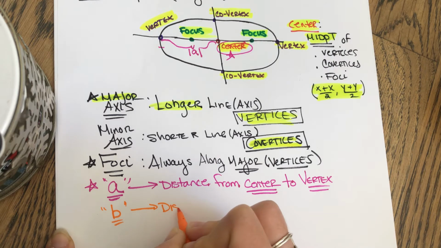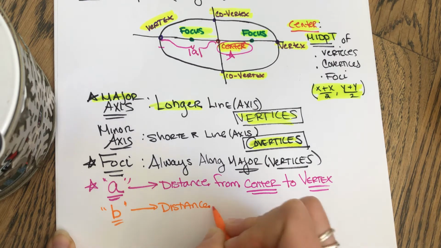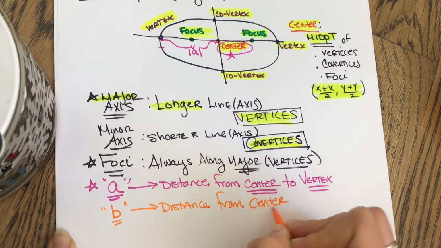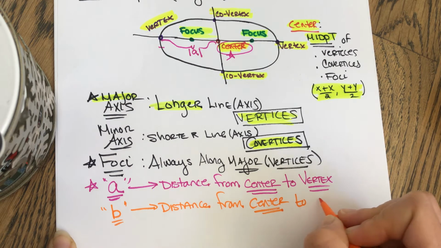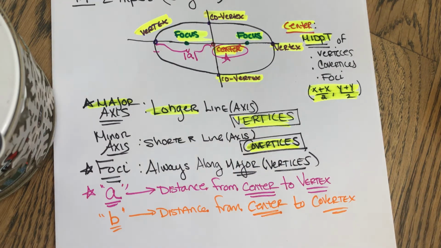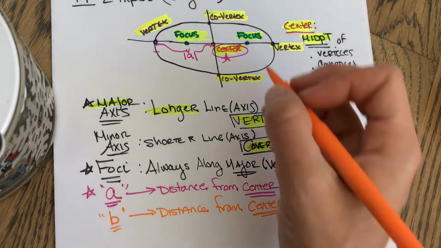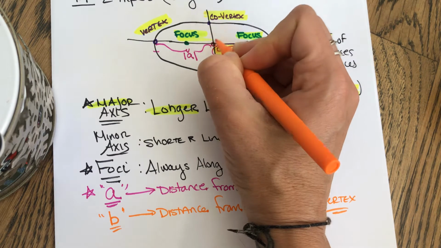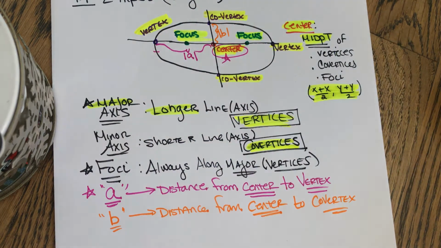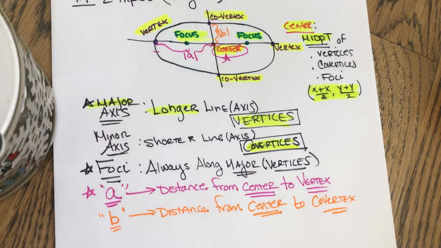So B is going to be the distance from, here we go again, your center, so jot these notes down, to a co-vertex. I don't care which one, because obviously they're going to be the same. So let's say from here to here, this distance, again, absolute value, is B.